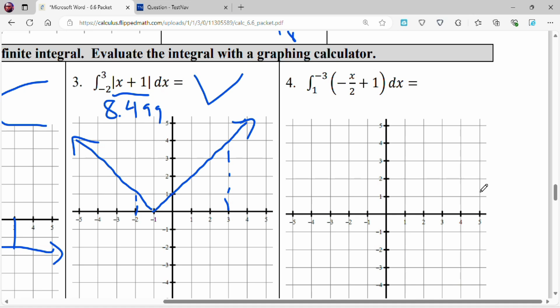So we have a point at 1, right? If it's negative x over 2, then that means as x increases by 1, y decreases by half. So let me think. Should look something like this.